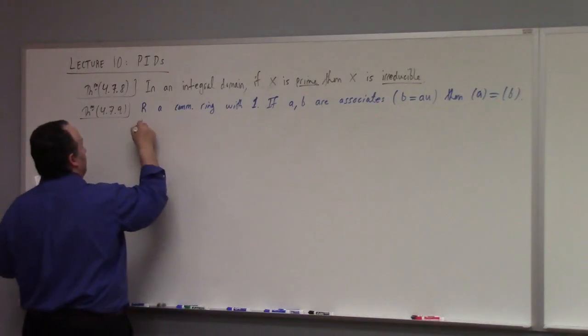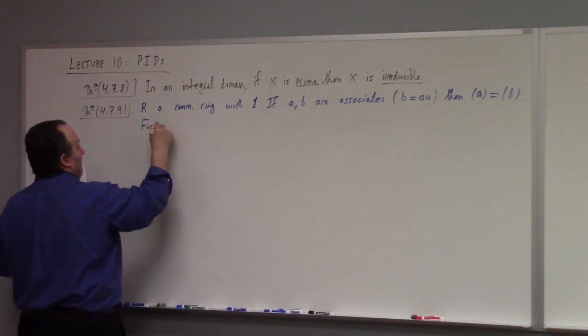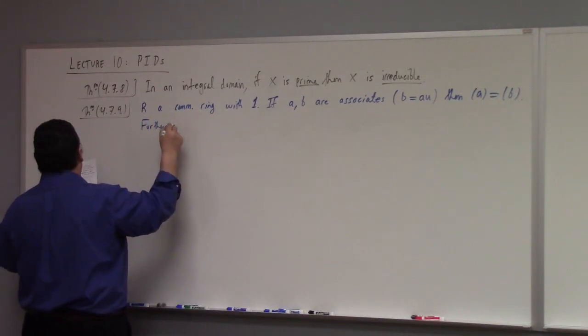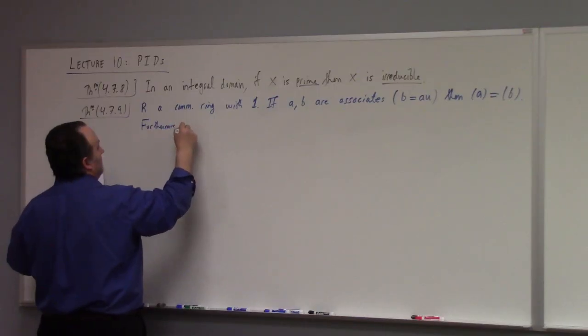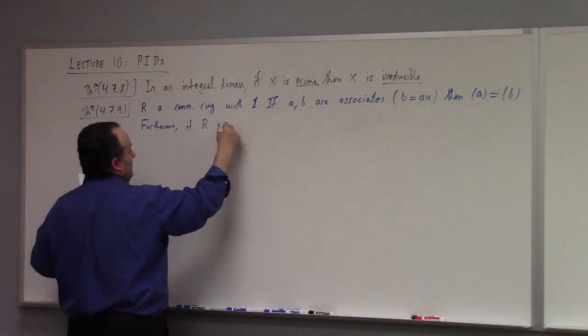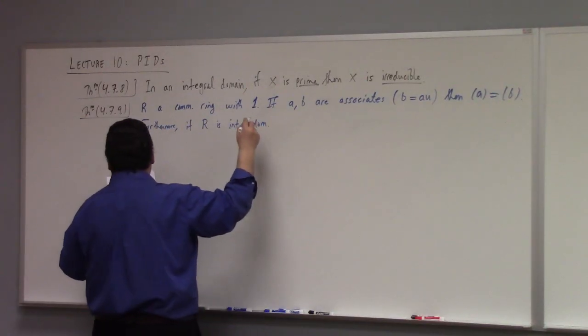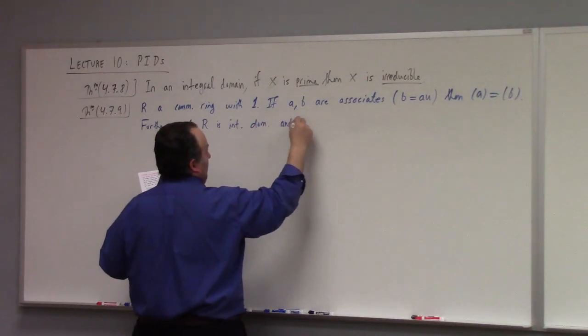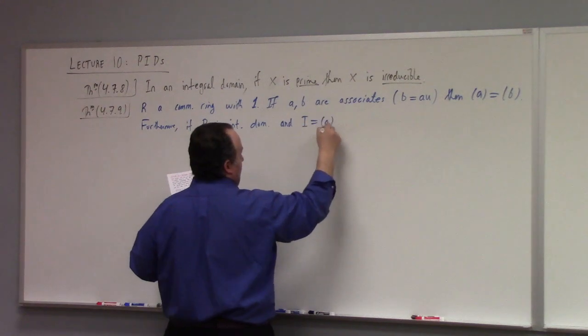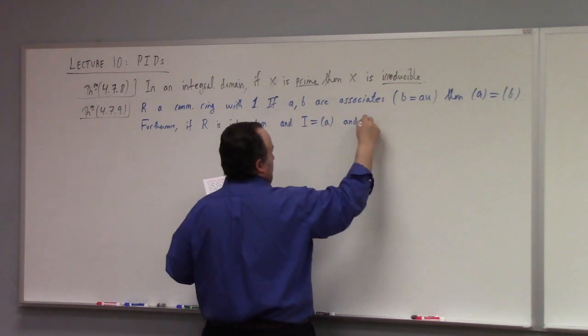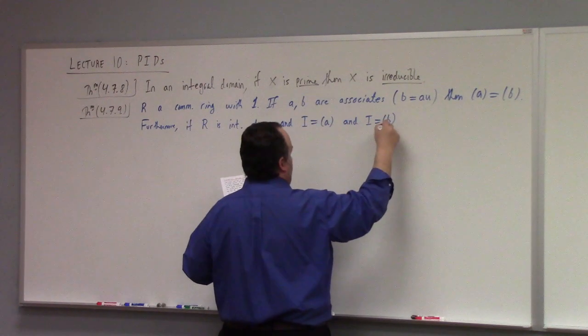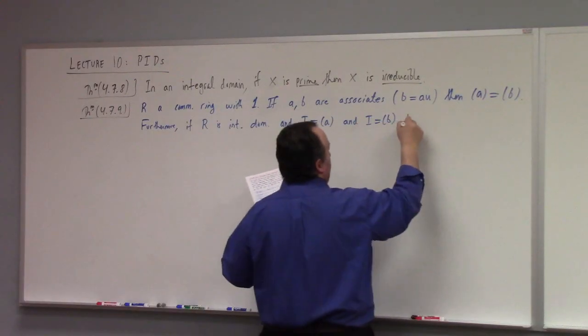And furthermore, if R is an integral domain, right, and we have some ideal which is generated by a, and that same ideal is generated by b, then what can we say about a and b?